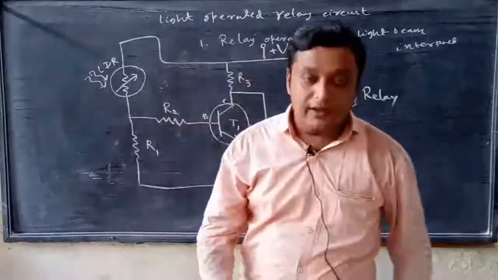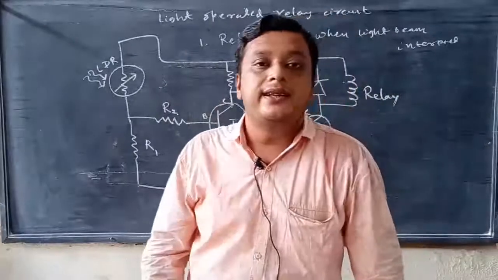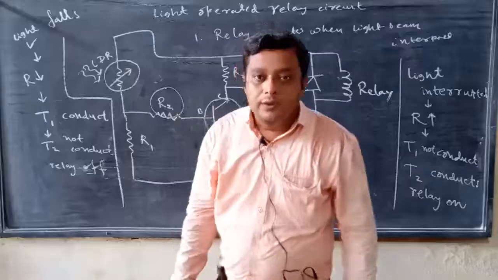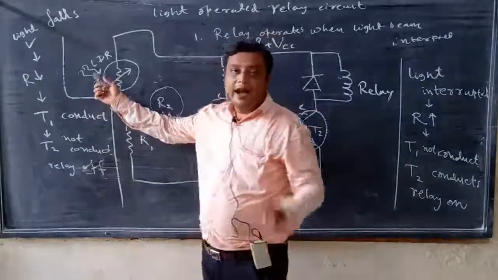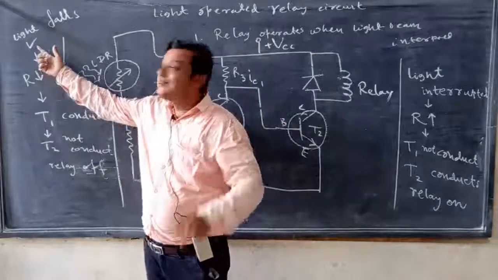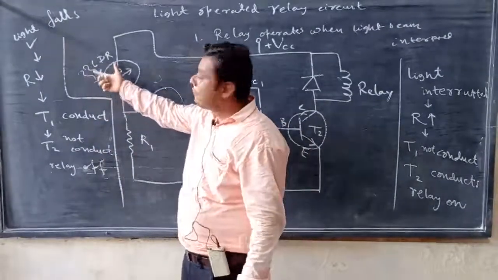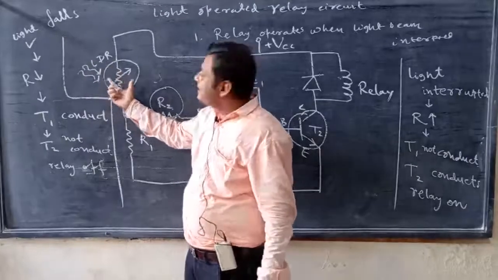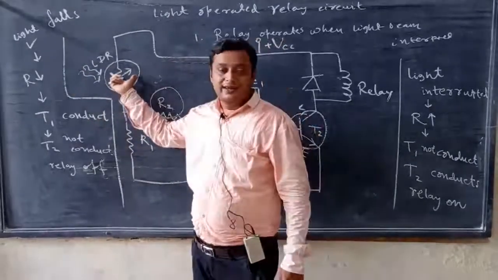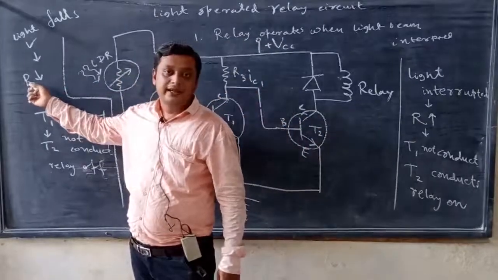So how does this relay circuit operate when the light beam is interrupted? Now I have two options. Whenever light falls onto the LDR, the resistance of the LDR reduces.